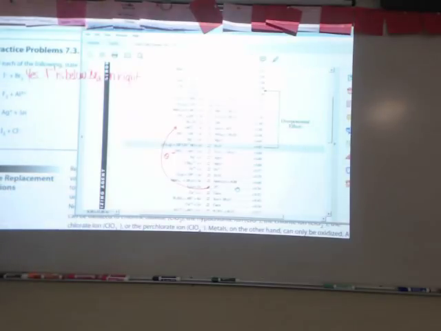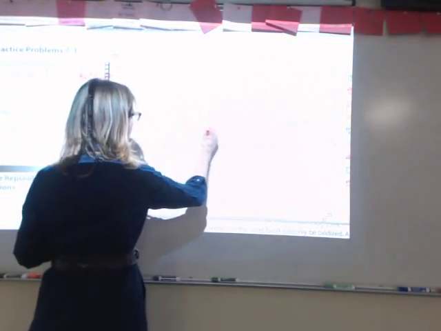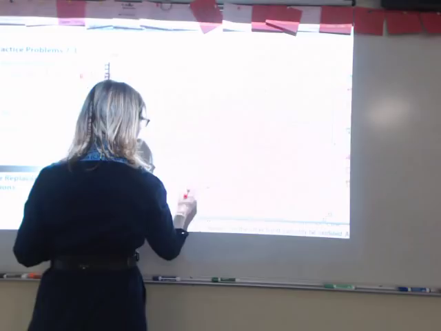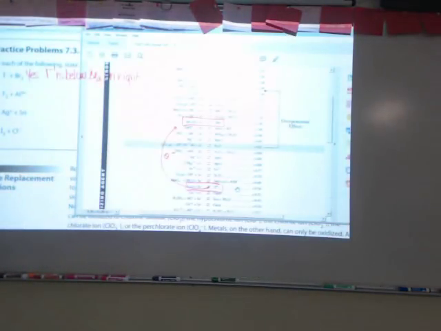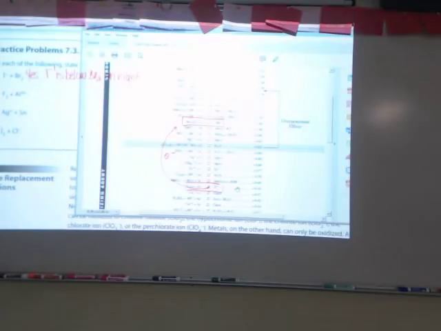Okay. So if we're going to write out the spontaneous reaction that's going to occur, you're going to have to write the half reactions and then make sure that your electrons are balanced. Now, since I negative is giving the electrons to Br2, you have to reverse the order of that half reaction there.